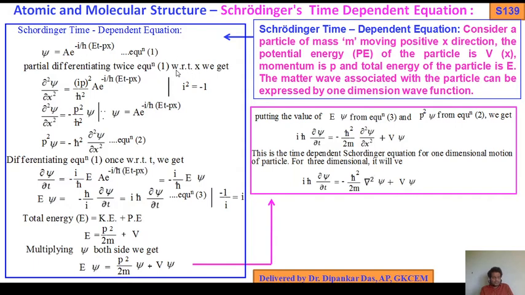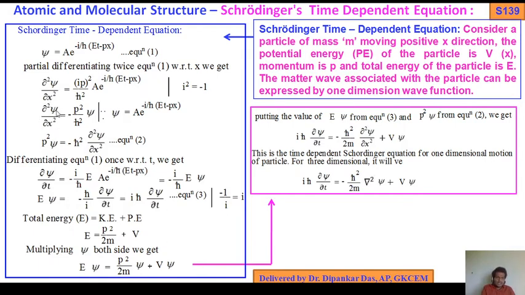So we get del square psi by del x square equals (ip) whole square by h bar square into A into e to the power minus i by h bar (Et minus px).